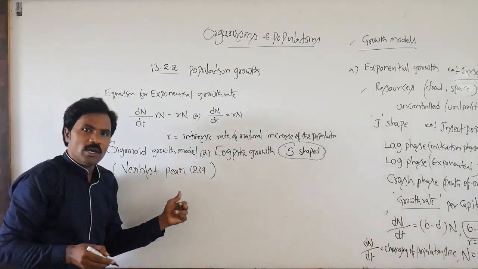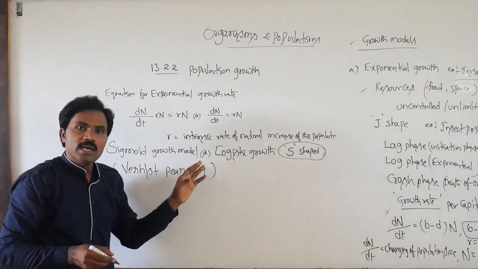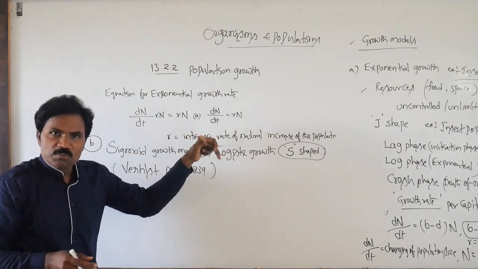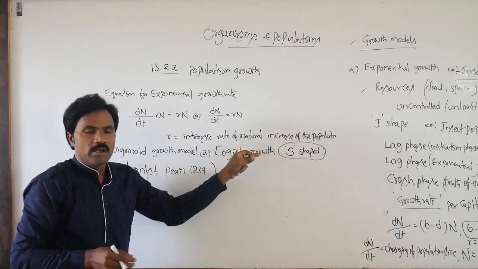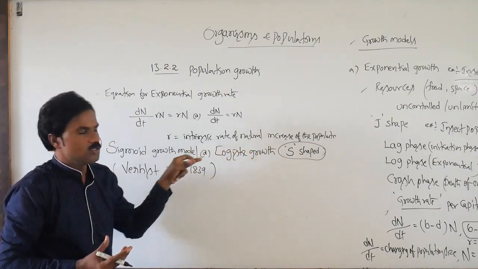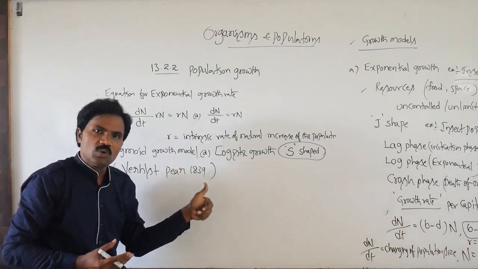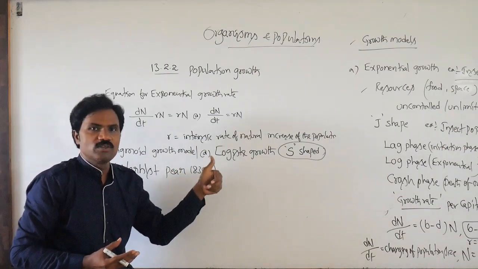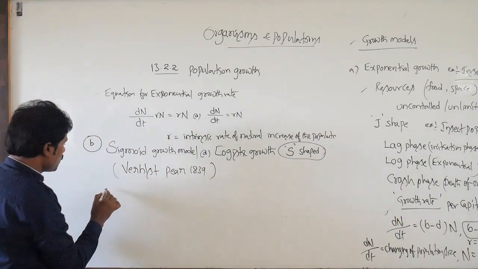Then Pierre Verhulst, the scientist, in 1839 explained the sigmoid curve or logistic growth rate, where the maximum number of organisms of a species is present. In this growth curve, what phases are present? The normal phases are present.